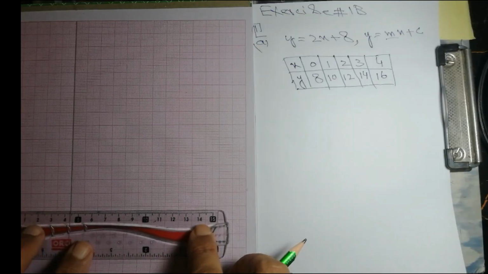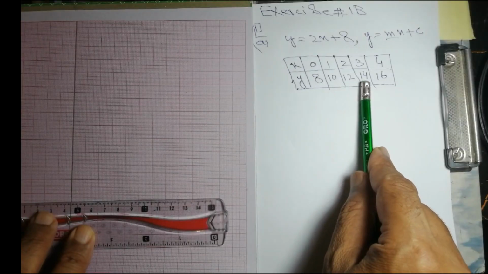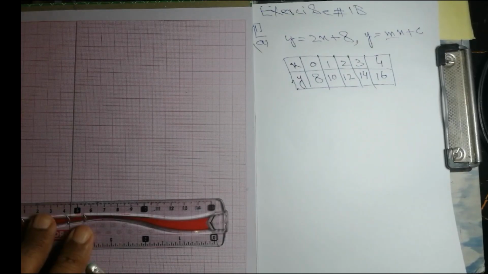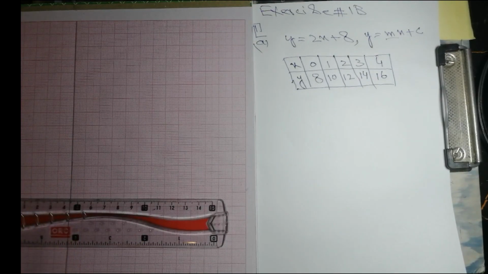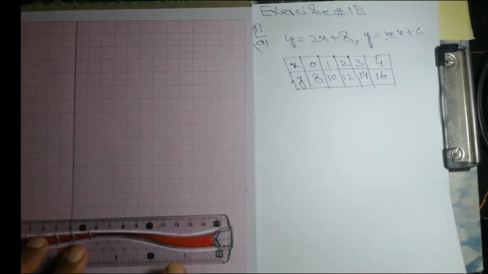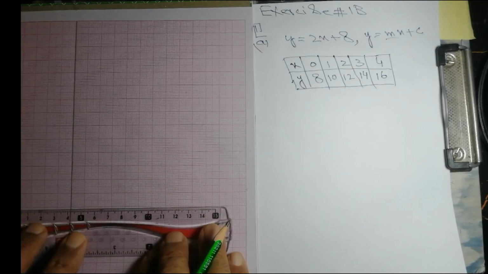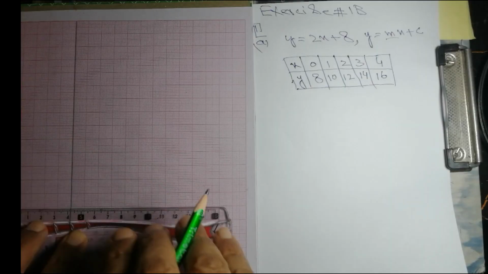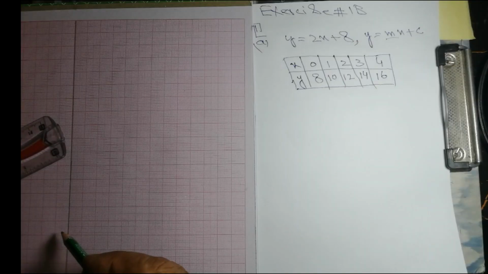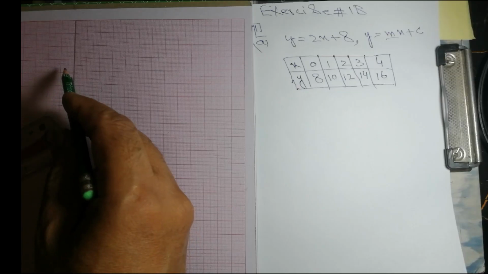Because values of y are 8, 10, 12, 14, 16, so much larger values, we have to draw the graph in such a way that we can write all the values up to 16 like this: 1, 2, 3, 4, 5, 6, 7, 8, 9, 10, 11, 12, 13, 14, 15, 16.